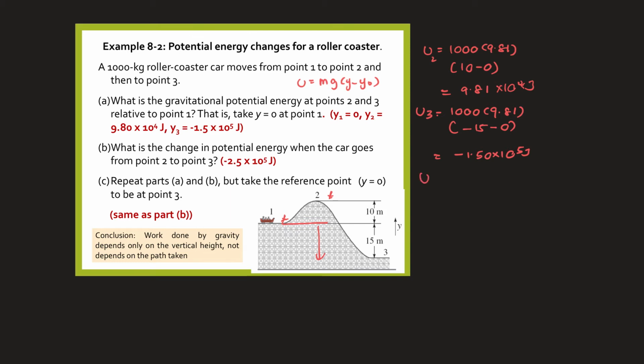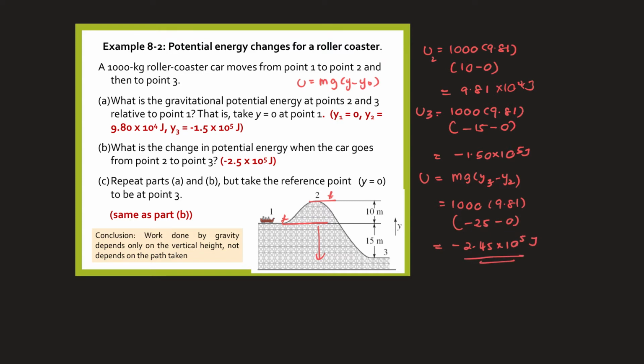From point 2 to point 3, I'm going to put mg times (y3 minus y2), final minus initial, so it's going to be 1000 multiplied by 9.81. y3 is going to be negative 25, because I put my reference point at point 2, minus 0. So I'm going to get my answer as negative 2.45 times 10 to the power of 5 joules, which means that I have a decrease in energy.